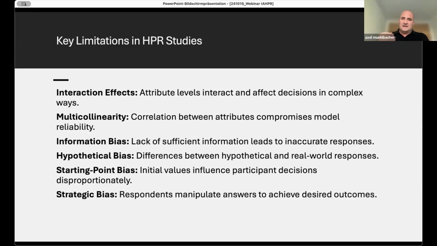So let's say if there's a worse or bad health state, that might interact with the benefit of the longevity of a certain treatment.